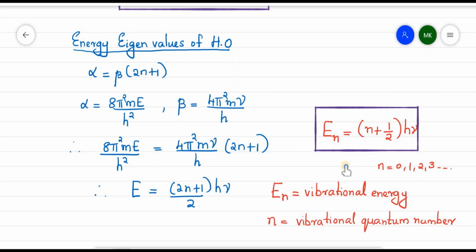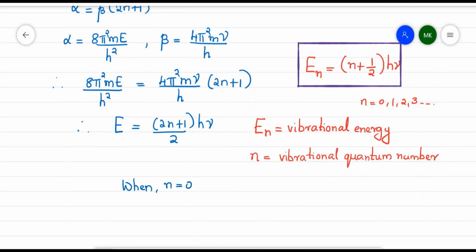And this result emerges from the solution of the Schrodinger equation. So we have subscripted E with n to indicate that there is a set of quantized energies, and these energies are determined by the parameter n, which is called the vibrational quantum number of the oscillator.